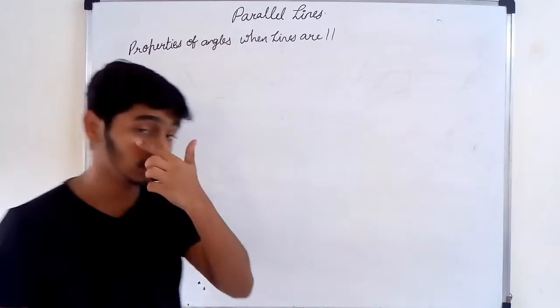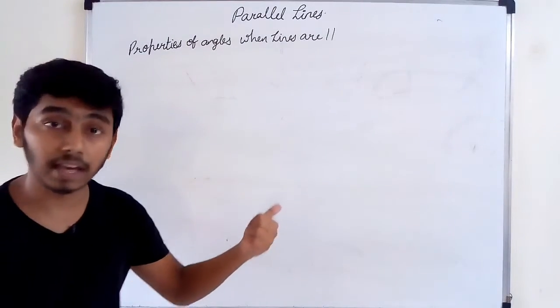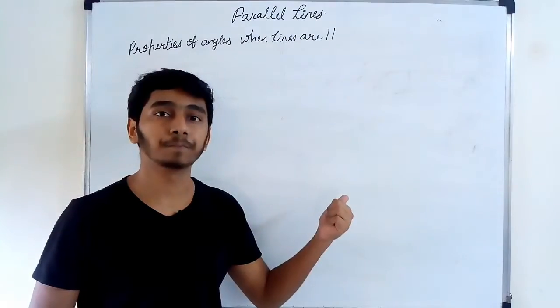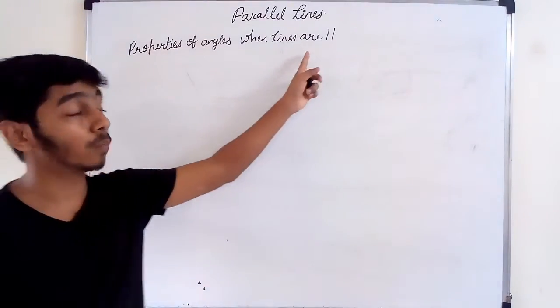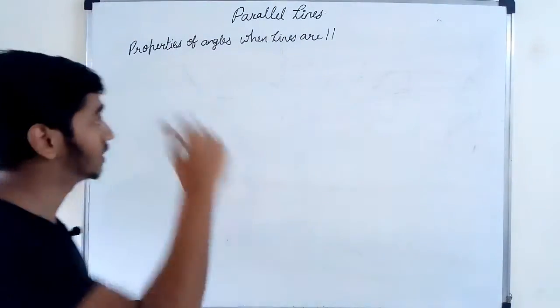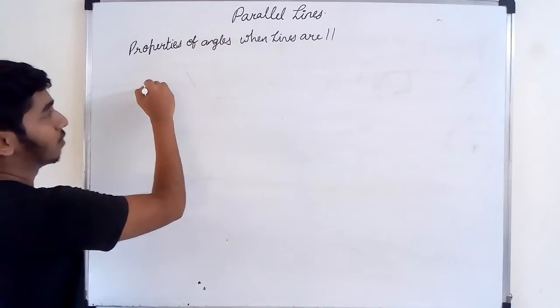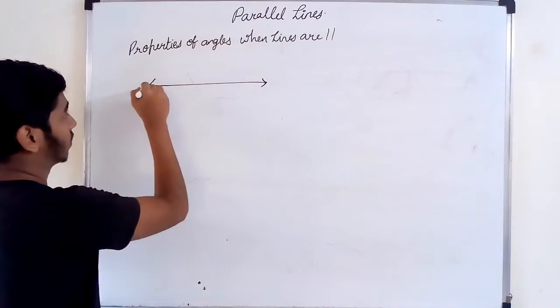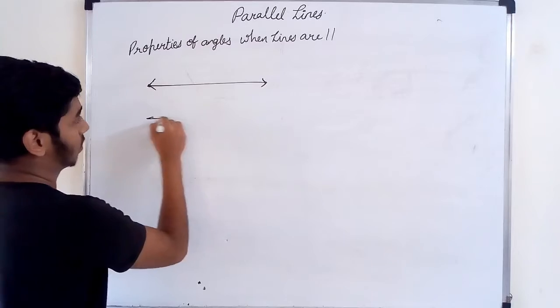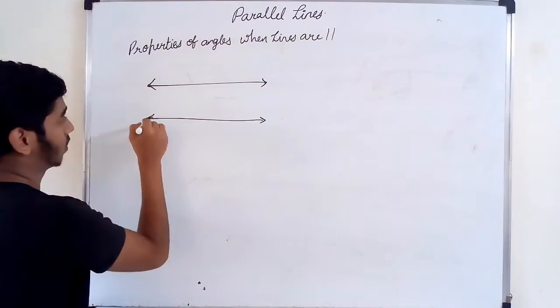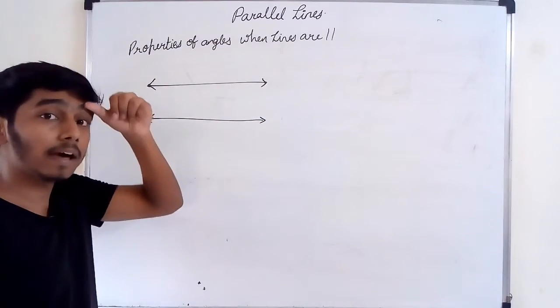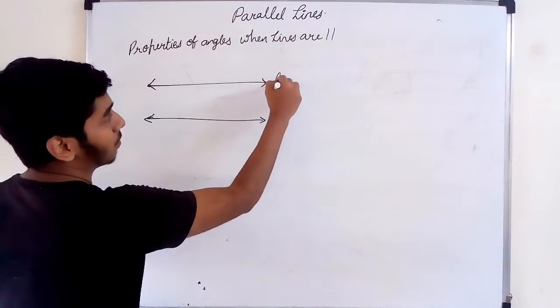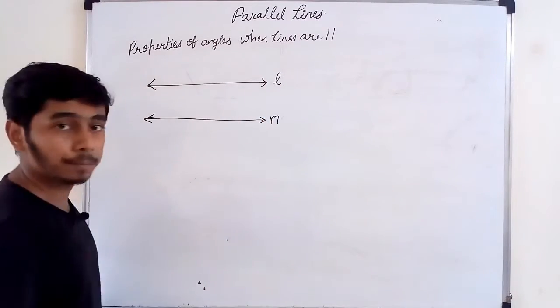So we'll discuss corresponding angle, alternate angle and interior angle, based on when the lines are parallel. So let's see. If you have two lines that are parallel, let's name them as L and M.